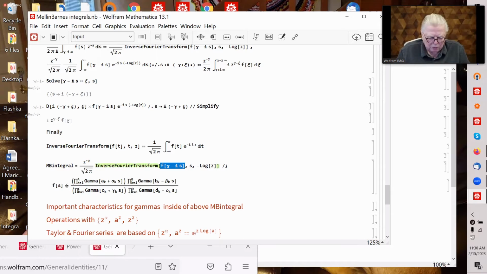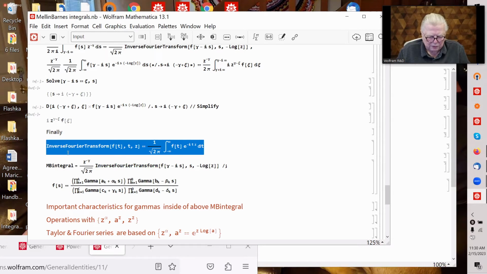The Mellin transform is more convenient for operation when you evaluate integrals. The inverse Fourier transform, this one, you know.